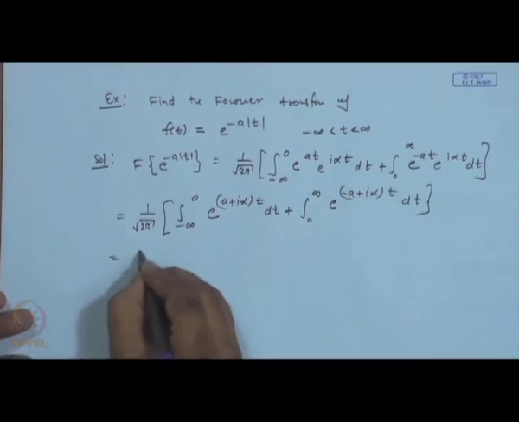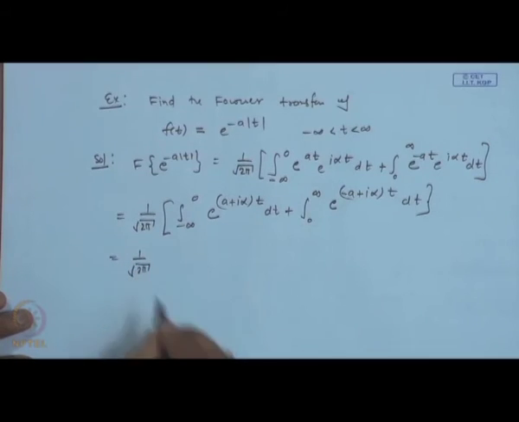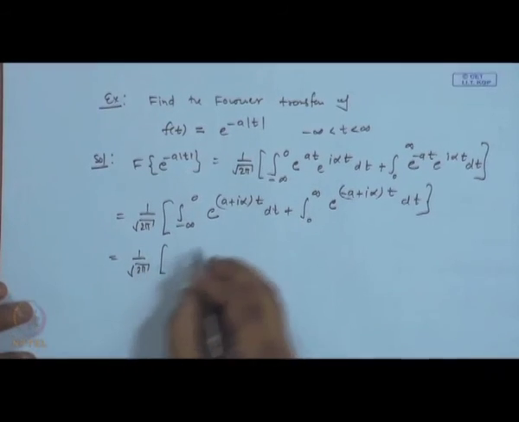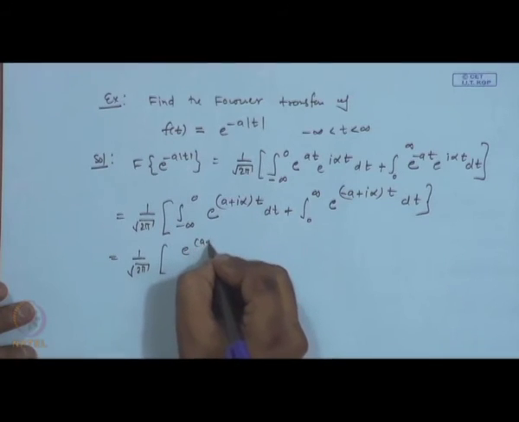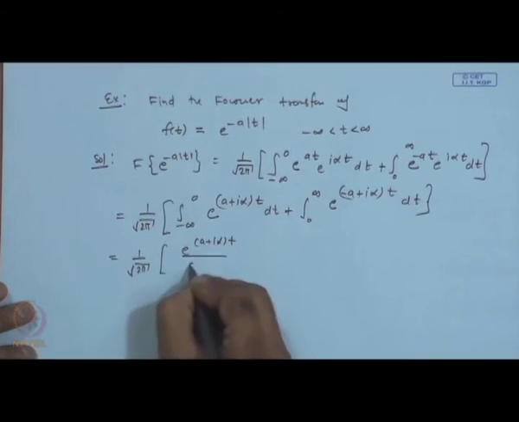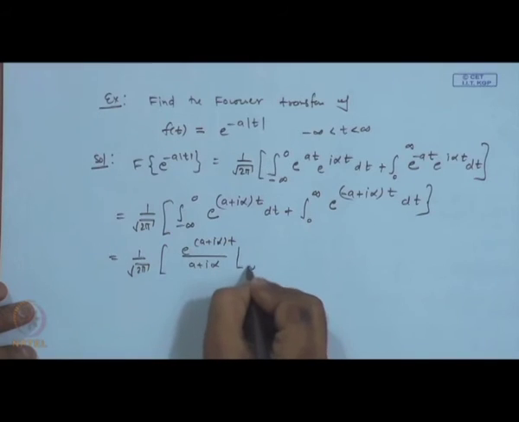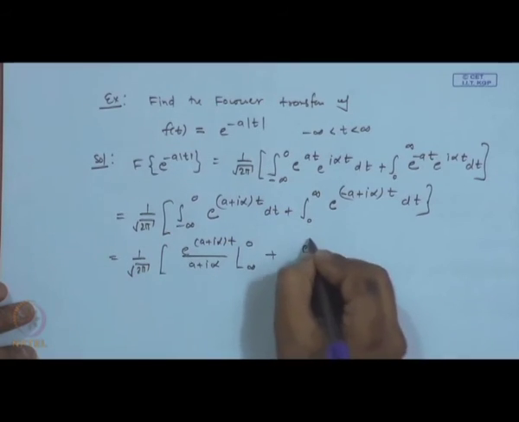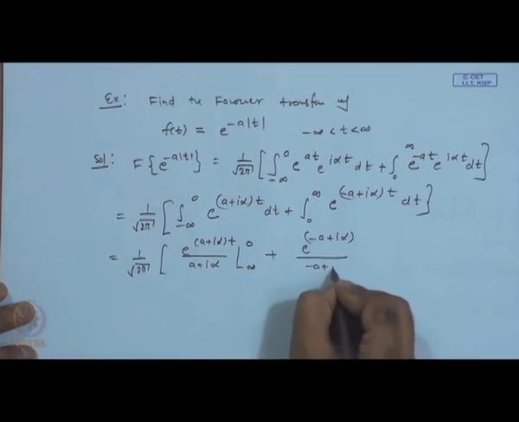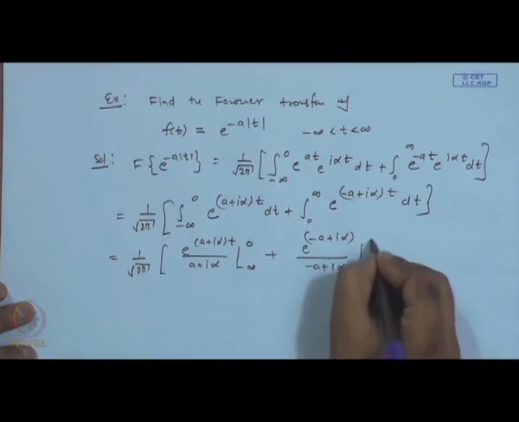Now we can integrate this. So 1 over square root 2 pi, so e power (a plus i alpha) t over (a plus i alpha), minus infinity to 0, plus e minus (a plus i alpha) t over minus (a plus i alpha), and 0 to infinity.